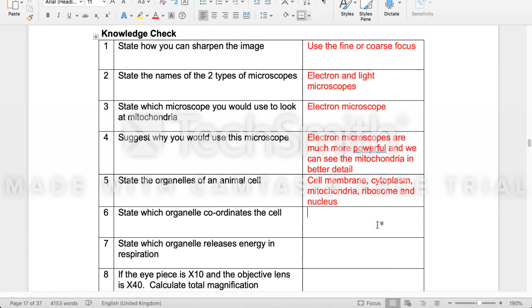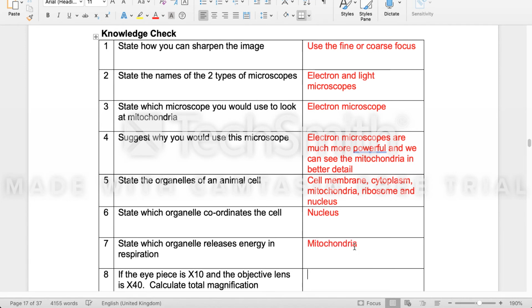Number 6, state which organelle coordinates the cell. So again, going back into those organelle functions that you need to memorize, right? And the nucleus is the one that is kind of the brain, quote unquote, brain of the cell. Number 7, state which organelle releases energy in respiration. So energy, you should think of the word powerhouse, and the powerhouse of the cell is the mitochondria.